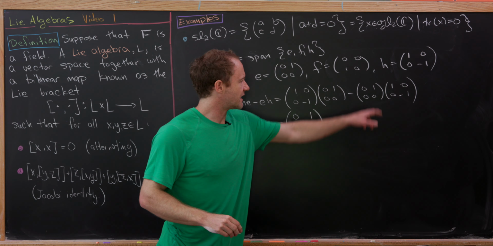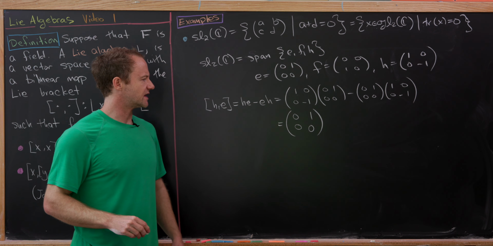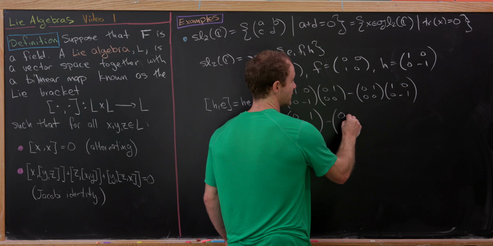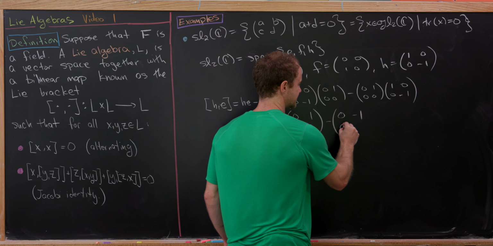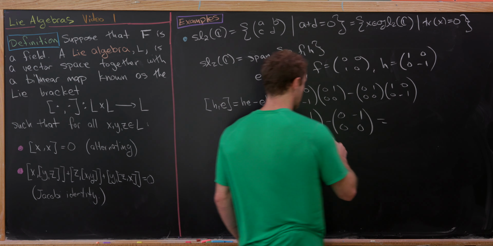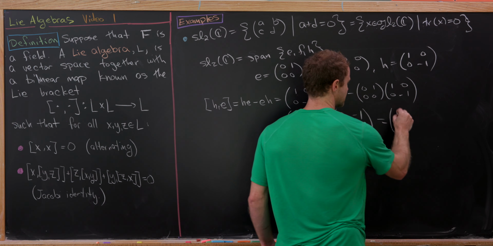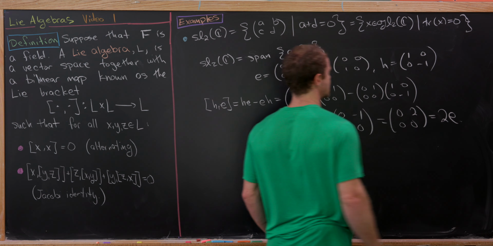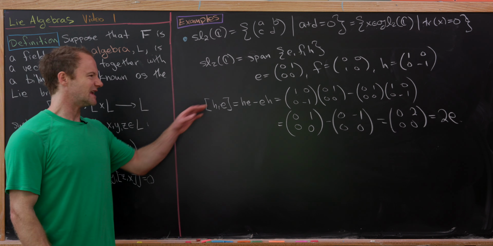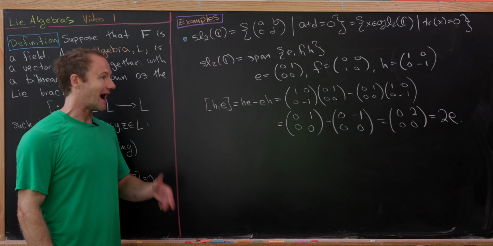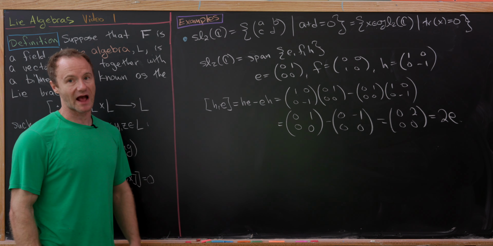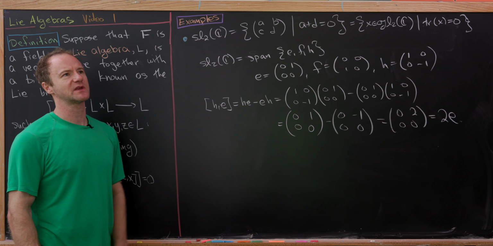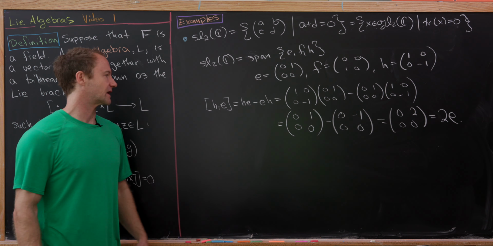And then multiplying that in, we actually get minus a 0 here, a negative 1 here, a 0, and a 0 here. But notice those minuses cancel, leaving us with 0, 2, 0, 0. In other words, 2E. So that means that E is something like an eigenvector of this bracketing action with H with eigenvalue 2. That'll be something important that we see a bit later.